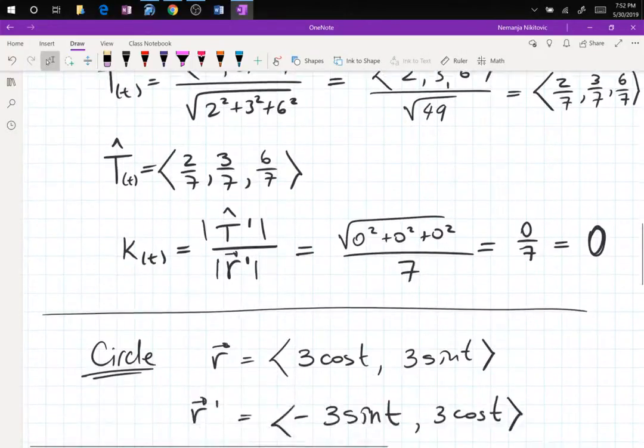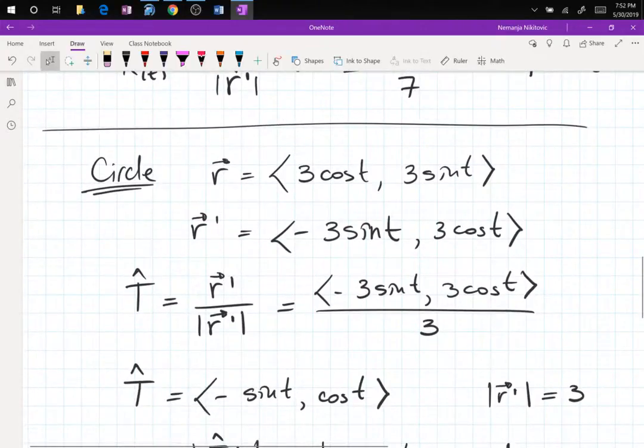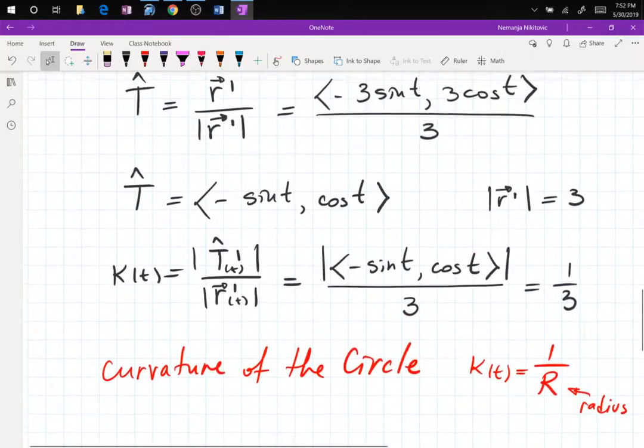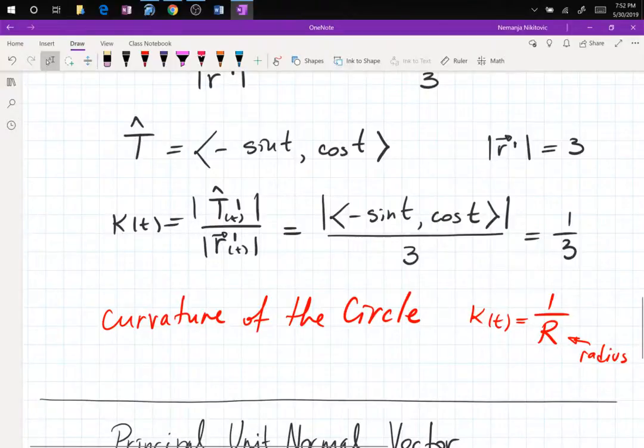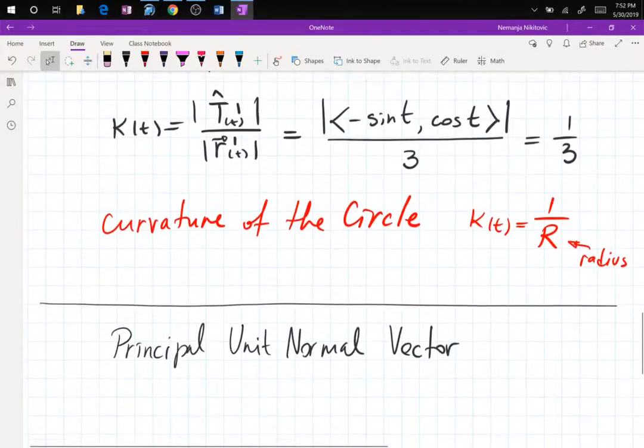Then we did a few examples, showed that the curvature of a straight line is 0, and calculated the curvature of a circle and then generalized that: the curvature of every circle is 1 over the radius.